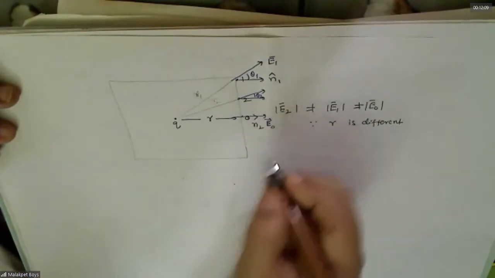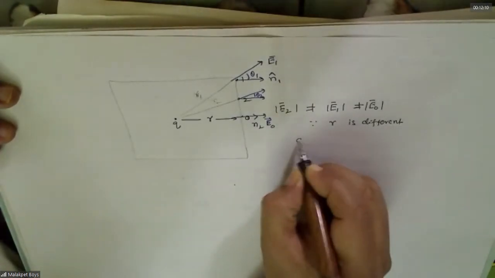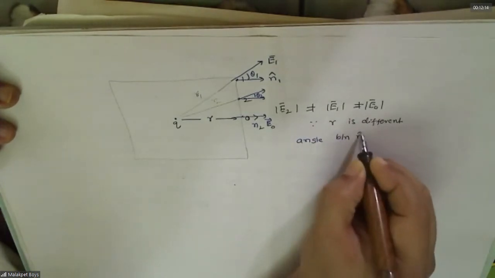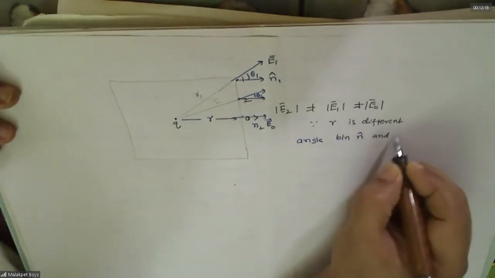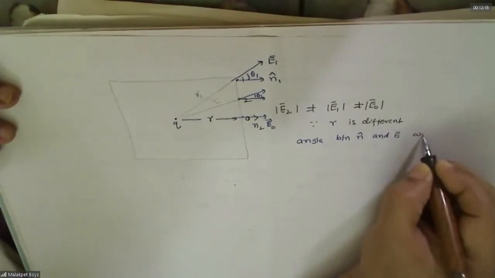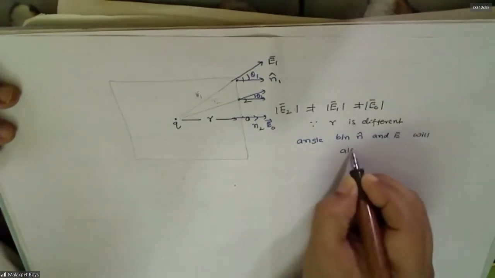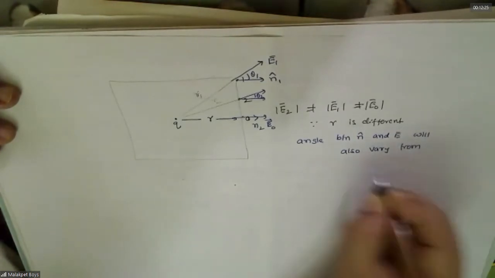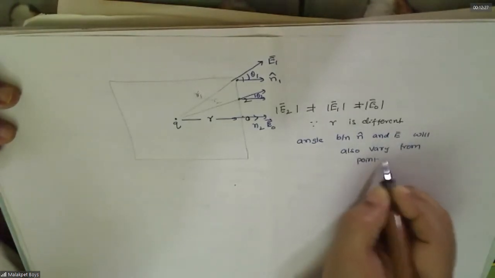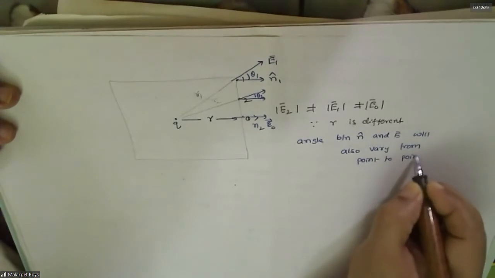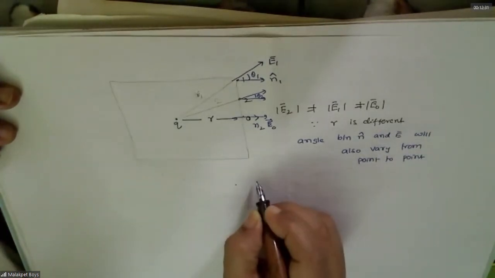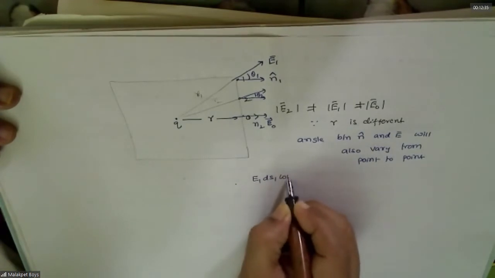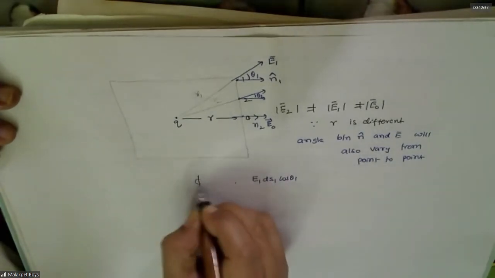So you can see that the angle between them differs. Now in Gauss law you have to find E1 ds1 cos theta 1, because we need this.